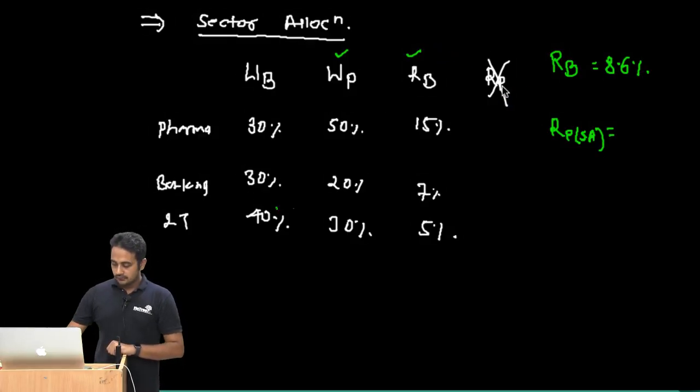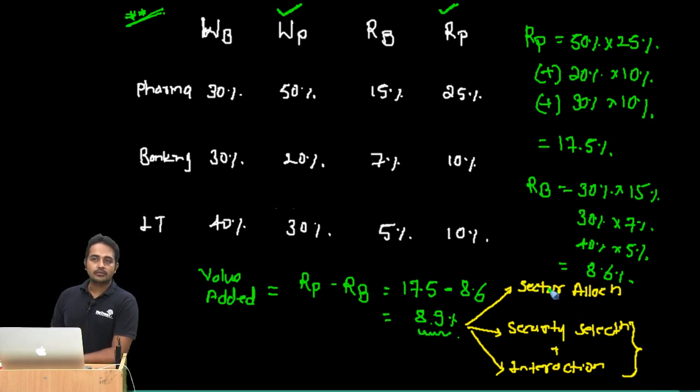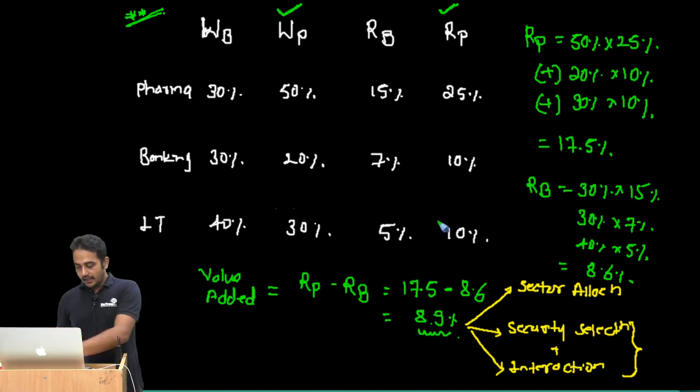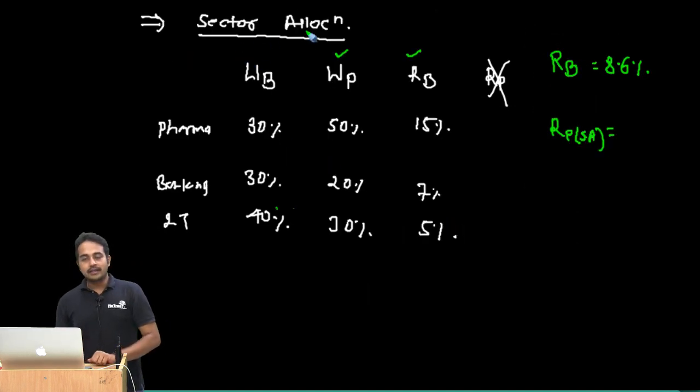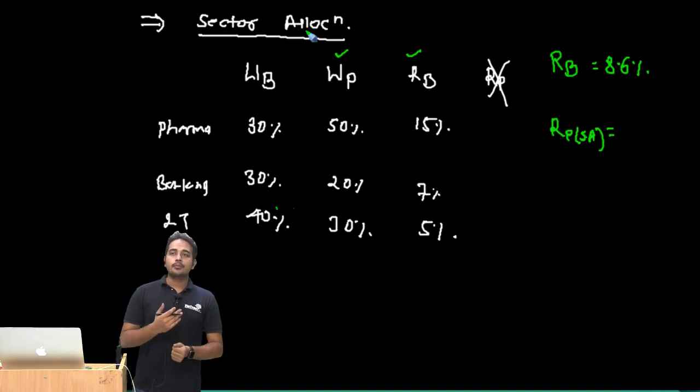So that 8.9, which is your active return, is coming from three sources. One, you were very smart in allocation of money to different sectors. Second, you were very smart in security selection. And third is some sort of a mathematical plug. Okay. Now we want to find out how much of that is coming because of sector allocation. So we make an assumption. The assumption is, let us not allow the portfolio manager to select the securities.